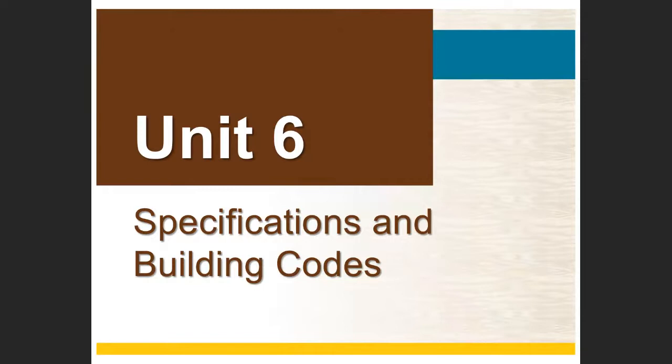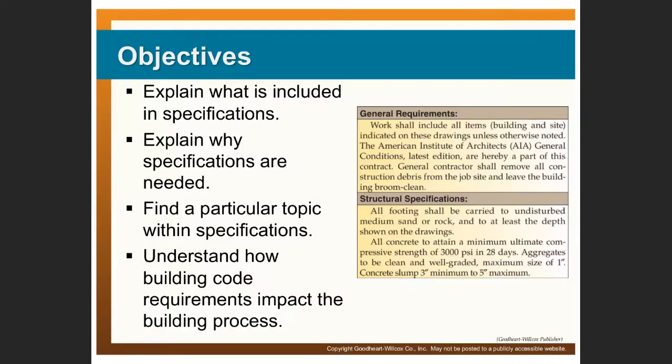So we're in Unit 6, or Chapter 6. We've just talked a lot about building codes. We talked about zoning on Tuesday. Now we're going to talk about specifications. So what am I going to try to get done?